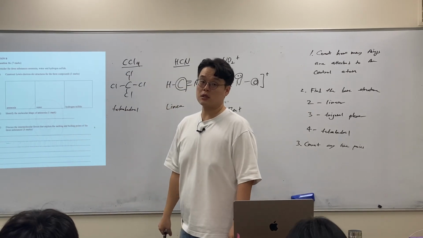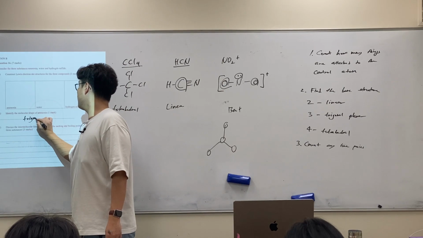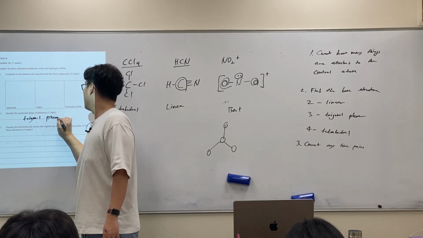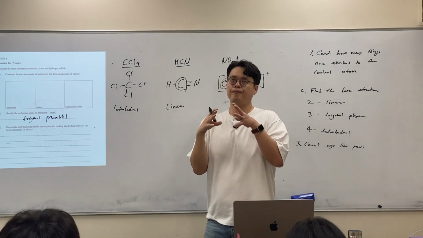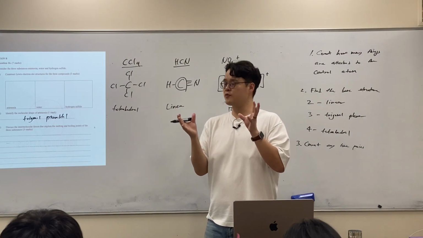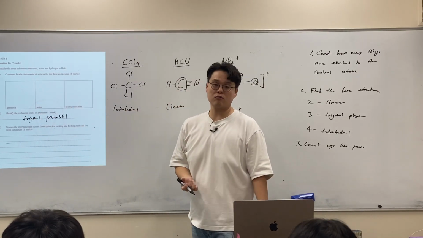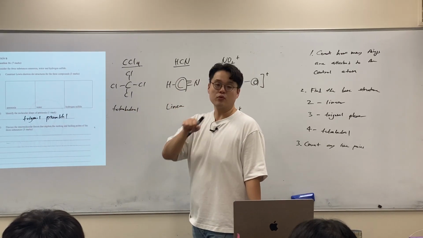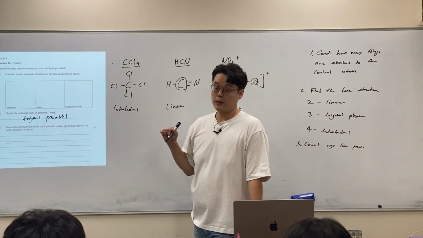Again, ammonia you can identify as trigonal pyramidal. You can memorize some shapes, like the shape of ammonia and water, because they're well known. But you can use those rules again. You can use this method all the time. Easy for the best part.